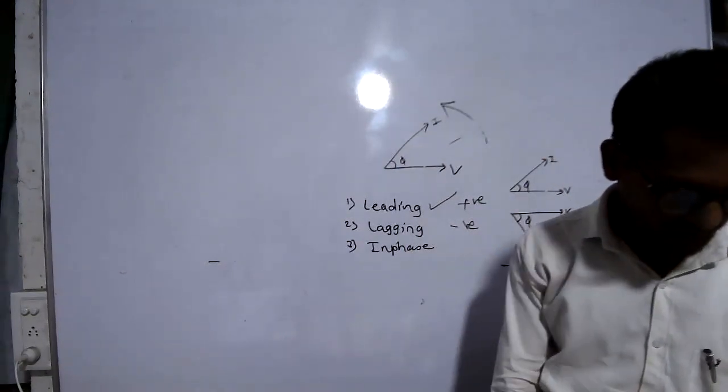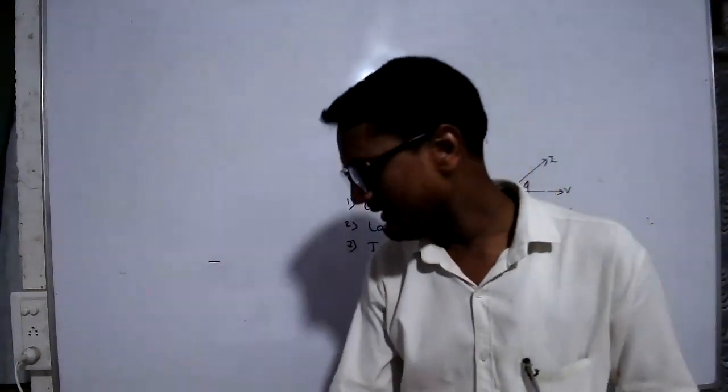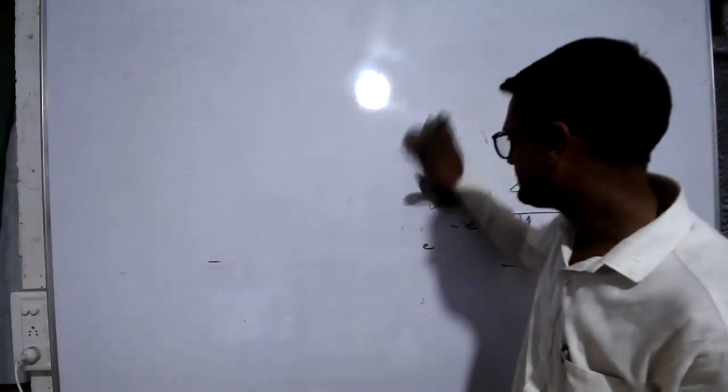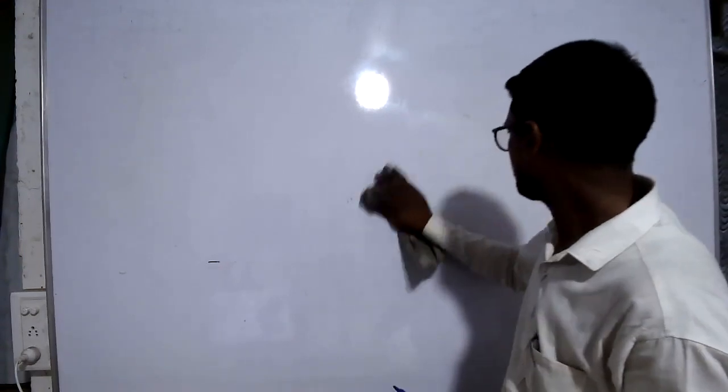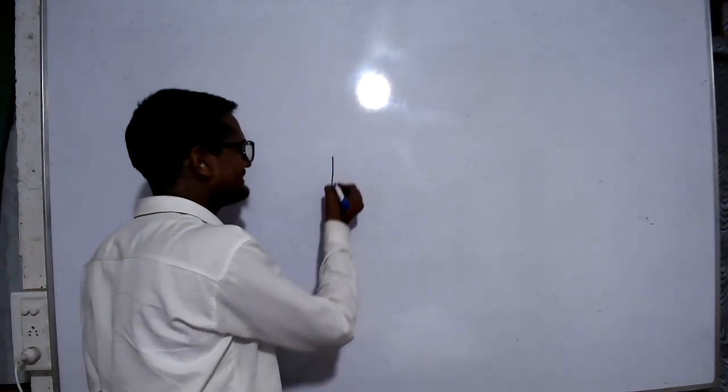Okay. First of all, AC circuit with pure resistance. Now, this circuit consists of only resistance.